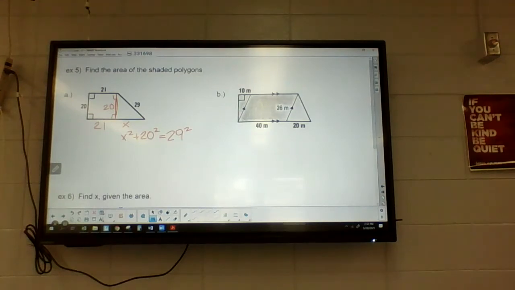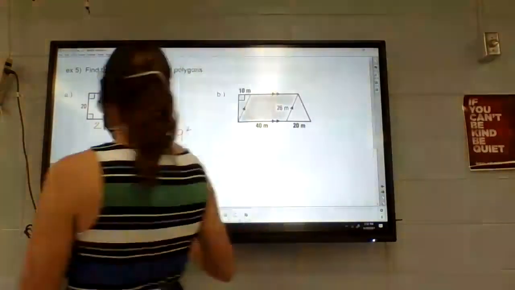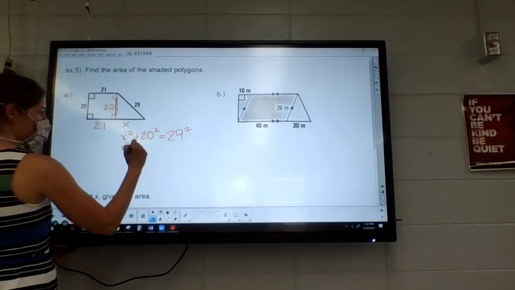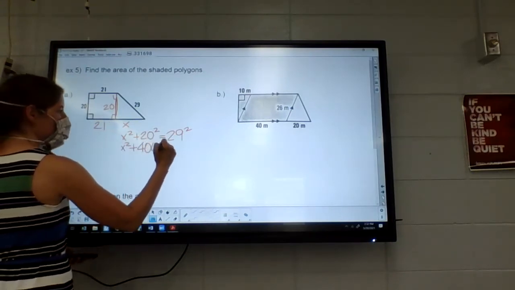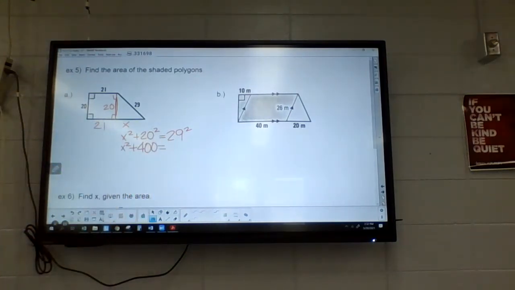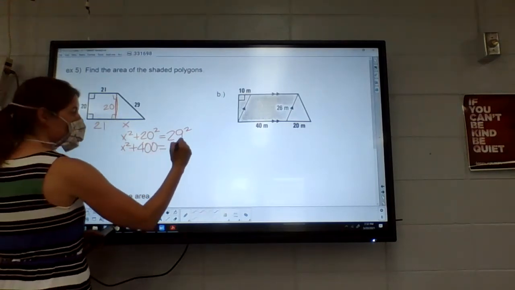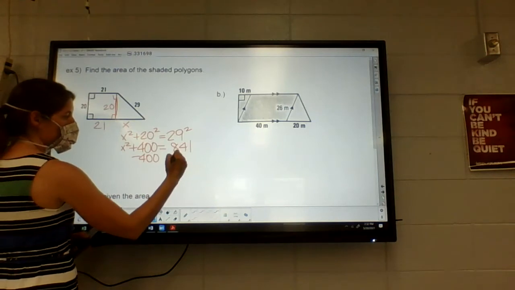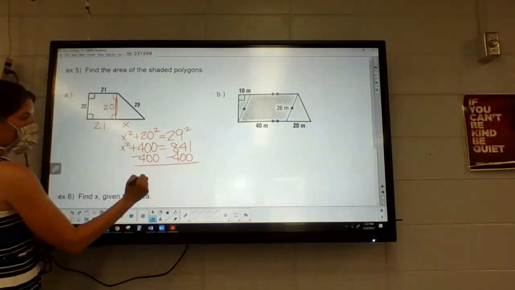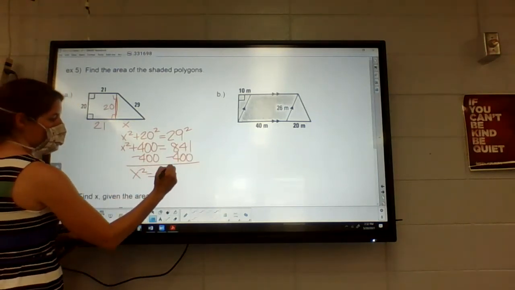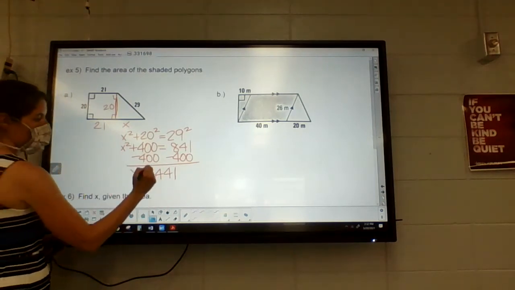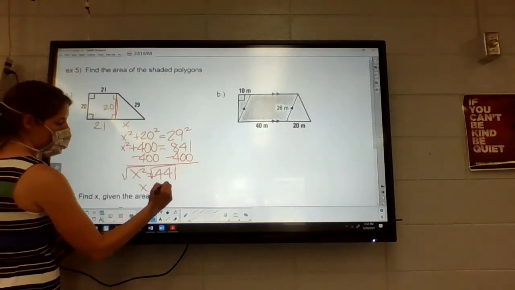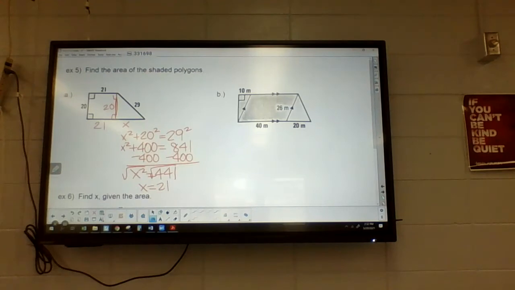I actually think this happens to be a special right triangle, but not one that comes to mind for me. 21.